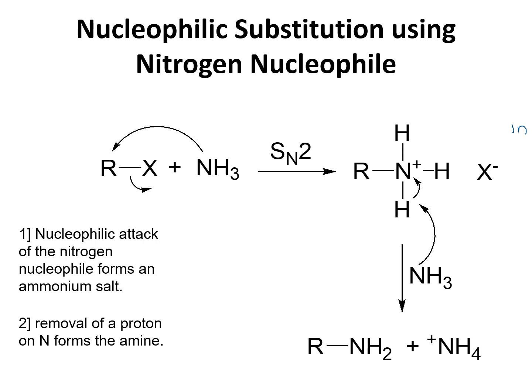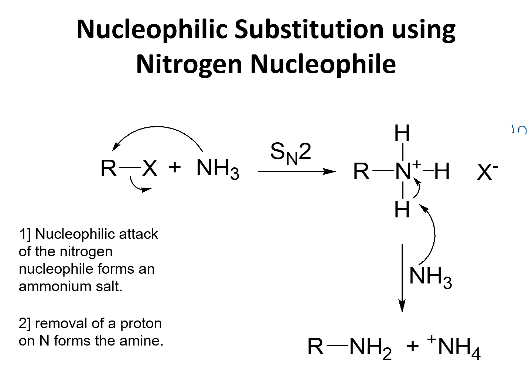Basically we have a positive charge, and the counterpart, X minus, is the leaving group. Then another molecule of NH3, ammonia, will remove one proton from the compound and neutralize it to form amine, and the counterpart will be the ammonium ion.